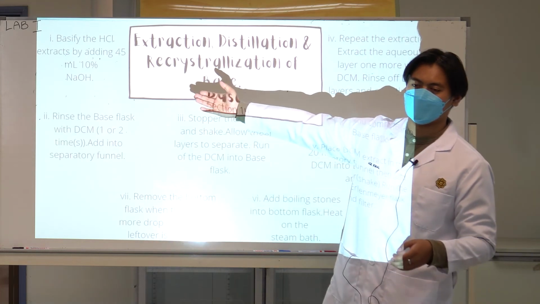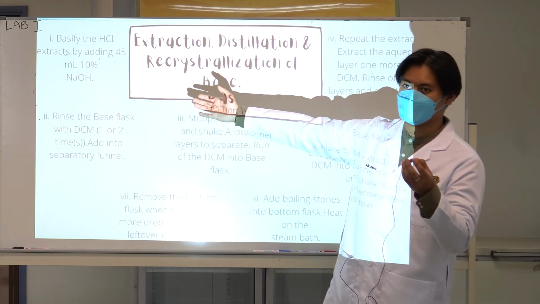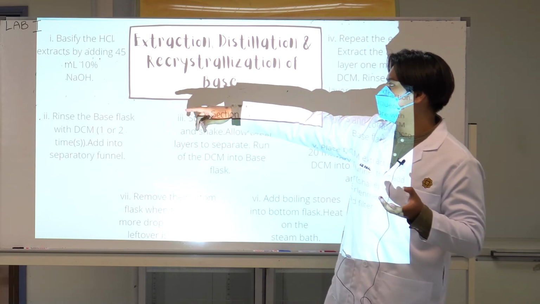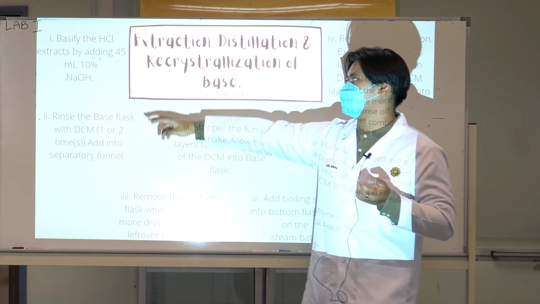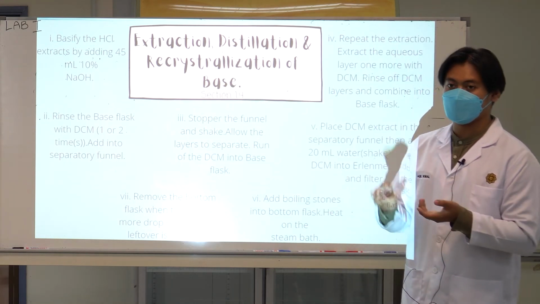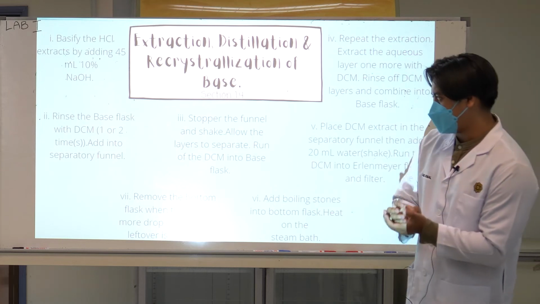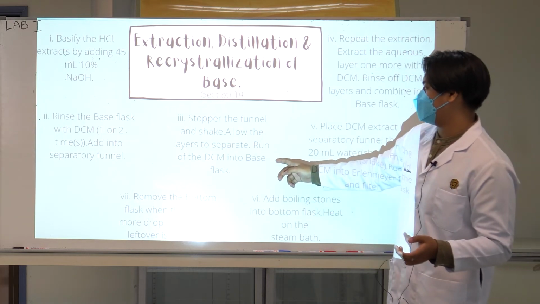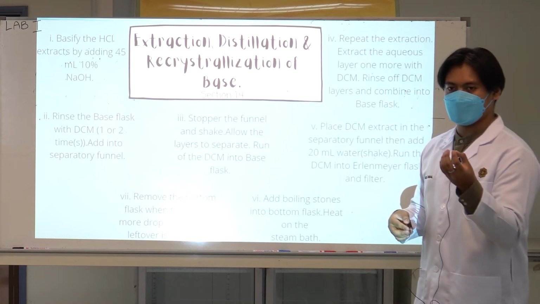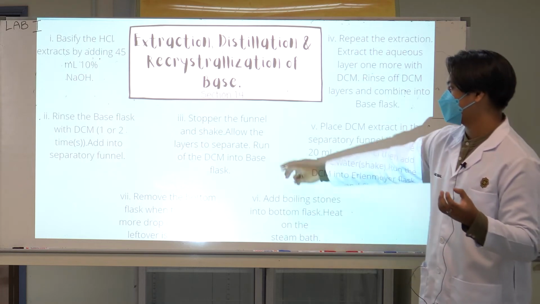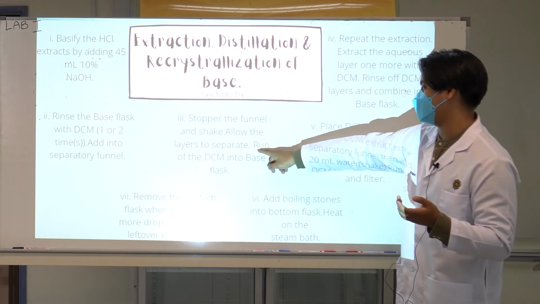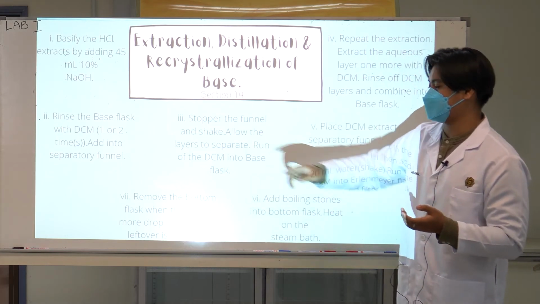Okay. Now we are left with only the base, which is in the base flask. We need to basify the HCl using sodium hydroxide 10%, 45 milliliter. We rinse the base flask using DCM 2 times, 5 ml and 5 ml. Using the same method with the separatory funnel, we shake to mix, and then allow the layers to separate.